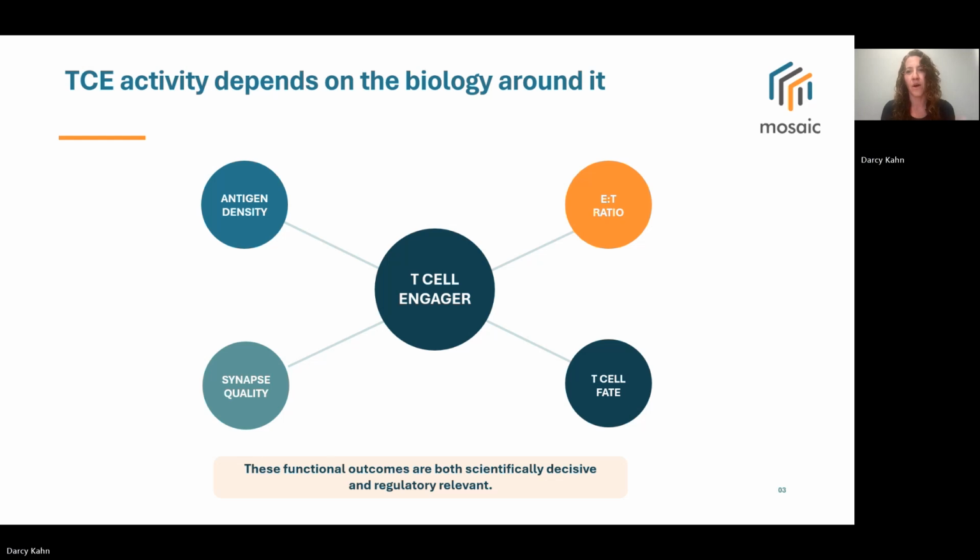So all of that is true for biologics in general, but it's especially true for T cell engagers, and that's why I want to pause here. So a T cell engager isn't a simple binder, it's a conditional agonist, meaning its mechanism depends on the biology of the two cells it brings together, right? So things like antigen density on the target cell, effector to target cell ratio, synapse quality, what's happening to the T cells afterward.